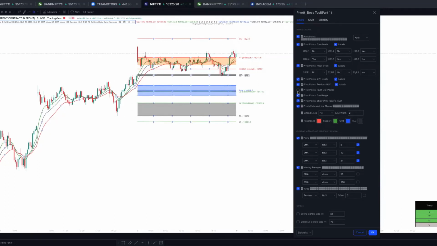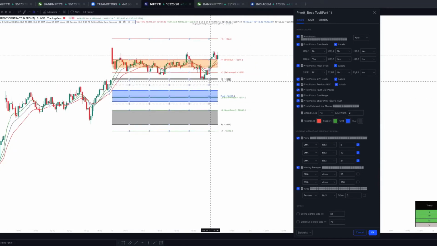That's why there is this option. Pivot points, this is the midpoint of the day, so the high and low average. Because we are at the end of the day, but if you select it while the market is moving, this midpoint will move up, move down or remain constant, depending upon how the market profile is moving. The last one is the day range.